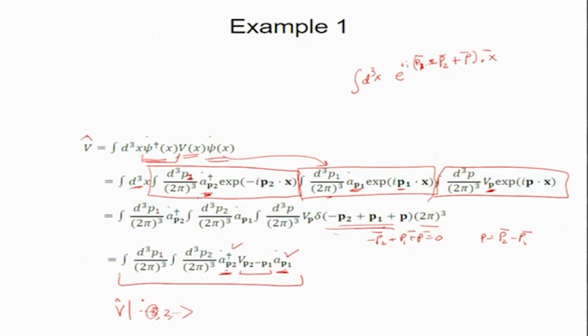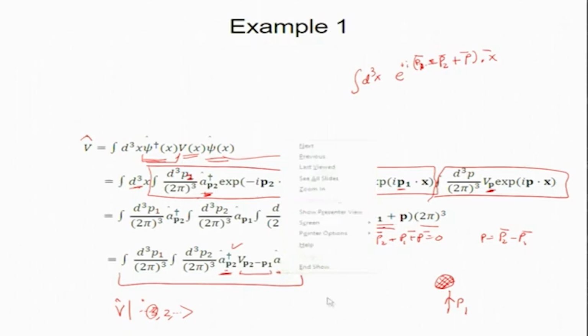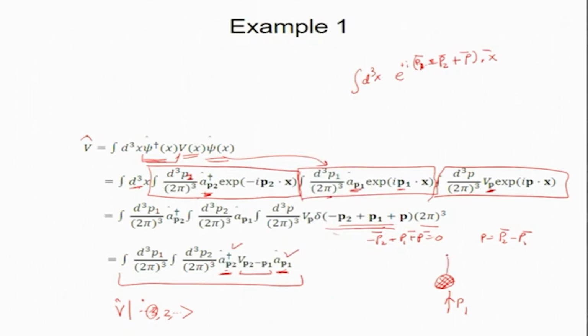This is how we write it, and in fact we can write a Feynman diagram for this. How is the Feynman diagram written? We write V as a kind of blob. You can think of this as a Coulomb scattering. Now P1 is a particle coming in and getting destroyed, and what comes out of this is particle P2.